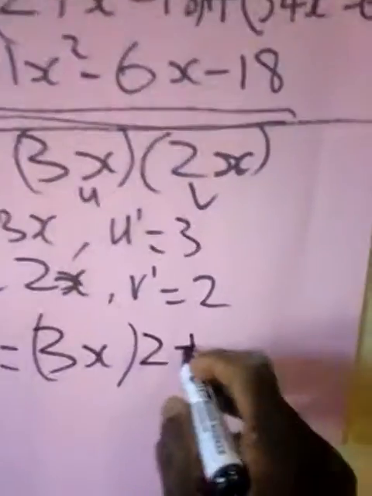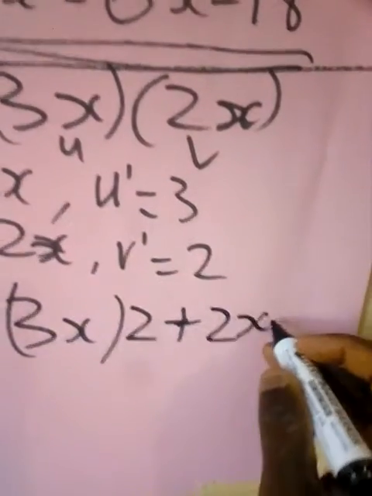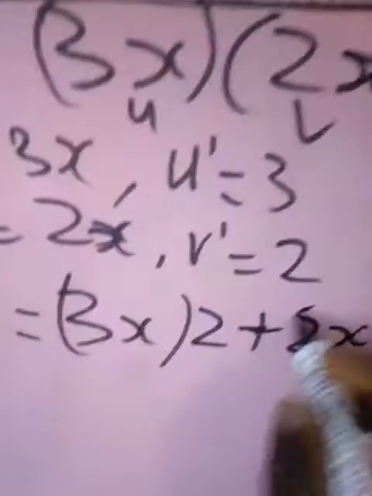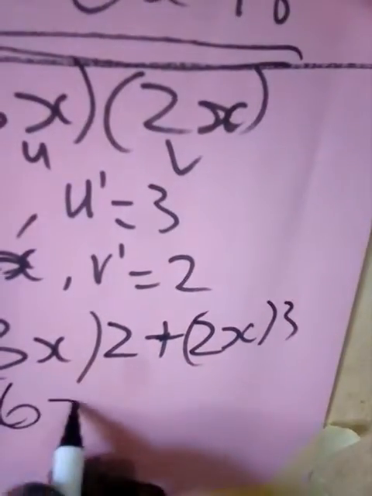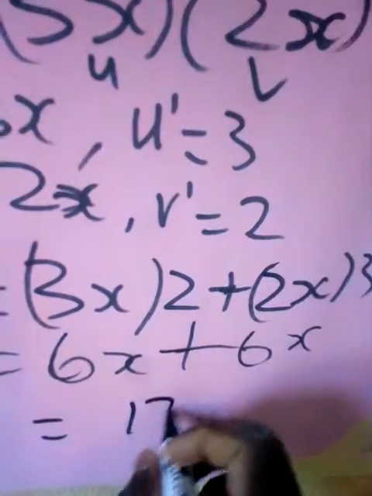So what's my v? 2x multiplied by u prime, which is 3. So this gives me 6x, that's 3 times 2, plus 2 times 3, 6x, which is equal to 12x. Now that's applying the product rule.